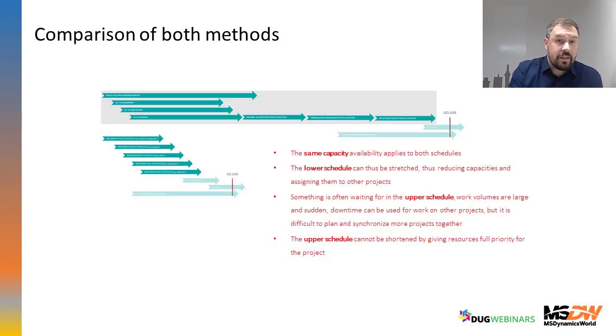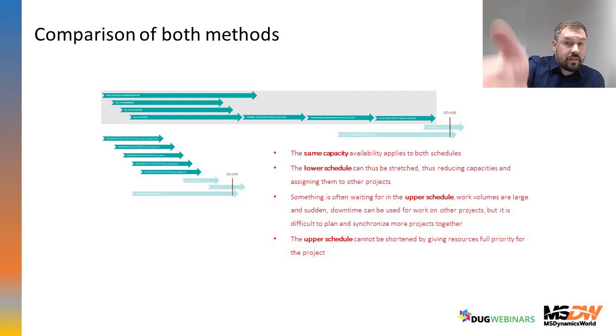This is the mathematical comparison of both methods. You can see that the process after process planning could be 3 times shorter. Could be. But I can never make the upper schedule shorter.